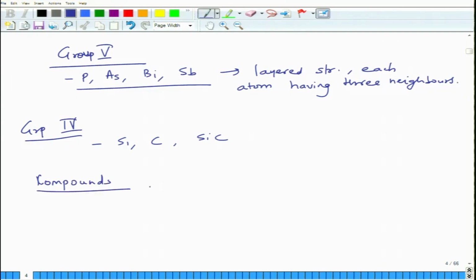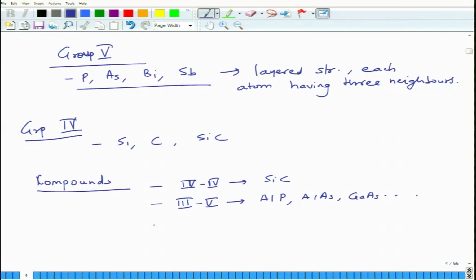So compounds, for example, you have 4,4 compounds, which is silicon carbide. Then we have 3,5 compounds, things like aluminum phosphide, aluminum arsenide, your gallium arsenide. These are all famous semiconductors.